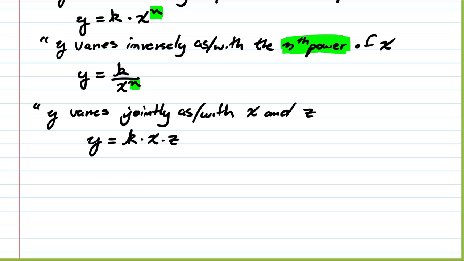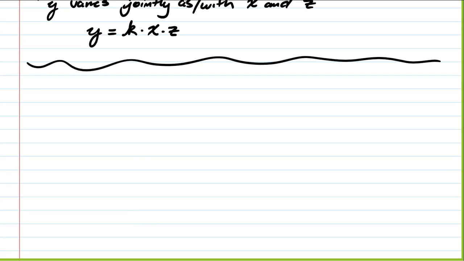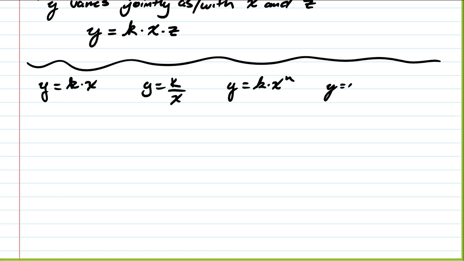So let's make a few meta-observations about all types of variation. For each type of variation, let's write down our equations. We had y equals k times x. We had y equals k divided by x. We had y equals k times x to the n. Y equals k times, or k divided by x to the n. And z equals k times x times y.